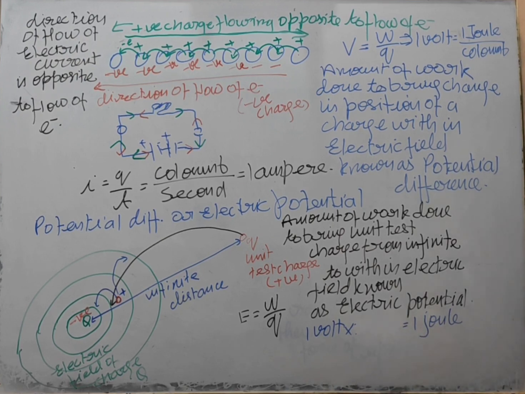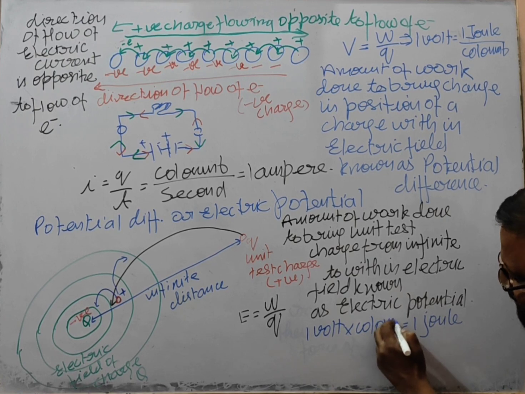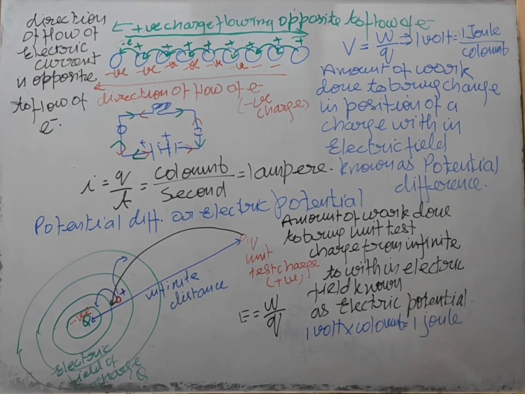Cross multiply. So 1 volt into coulomb is equal to 1 joule.